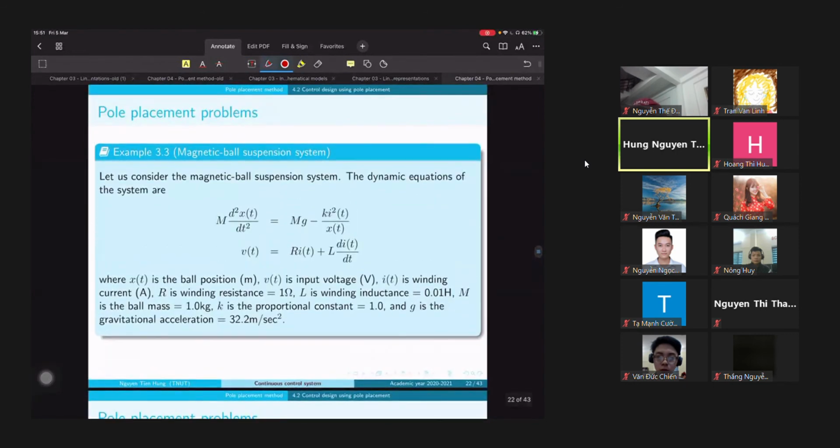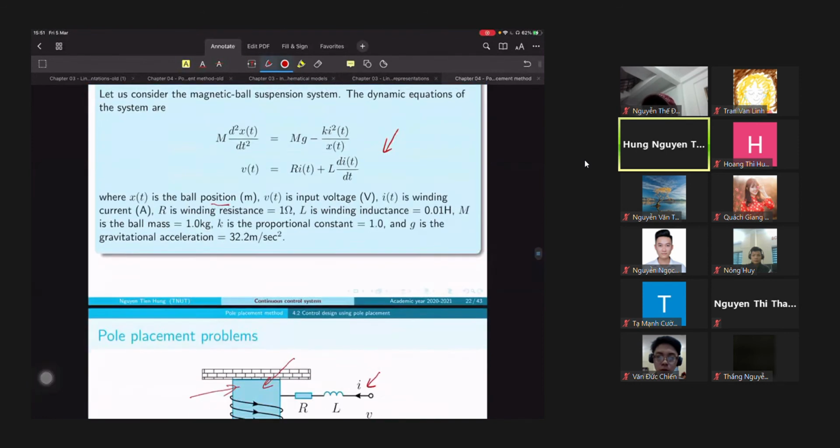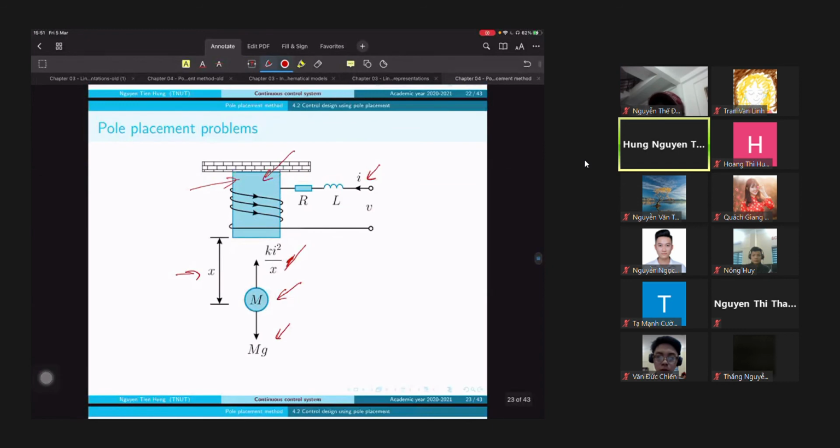Okay, now the system can be described by this equation. This is the dynamic equation for this problem, and in this case, X is the ball position measured from the position of the magnet to the center point of the metal ball.